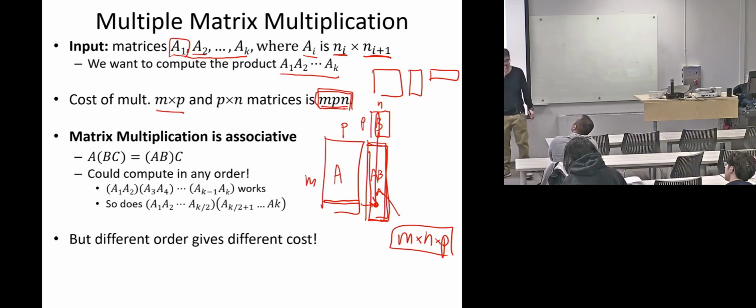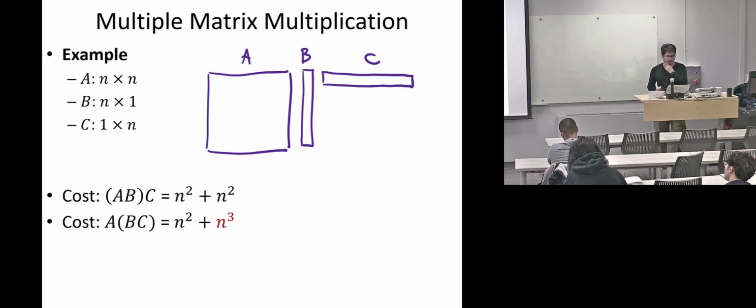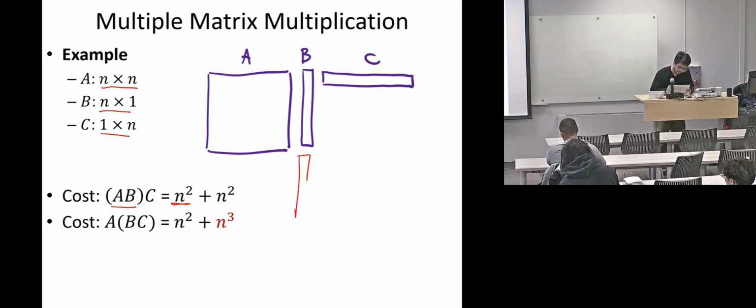Okay, so let's see an example. Say I have three matrices: n by n, n by 1, and 1 by n. If I multiply A and B first, then the cost is n squared, and A times B is going to look like this vector.